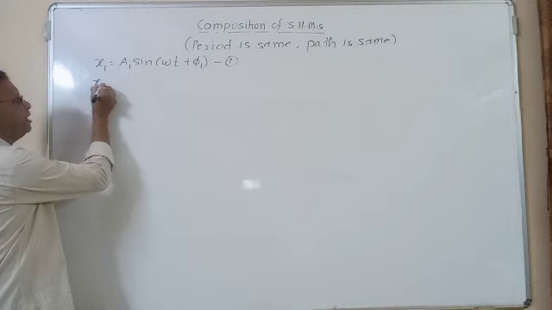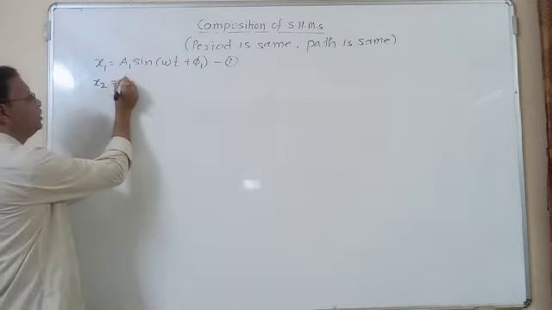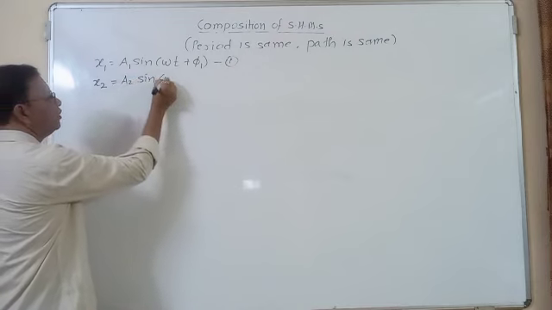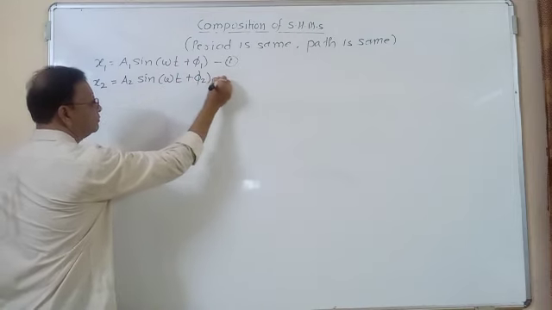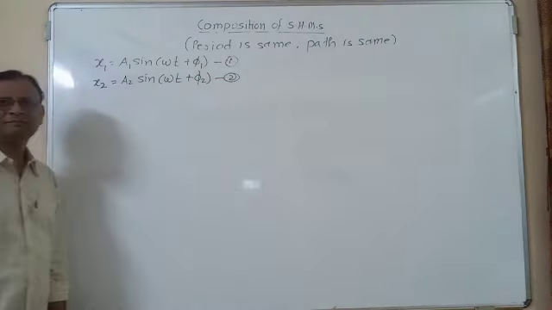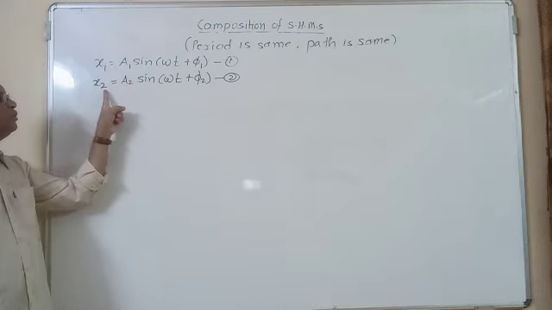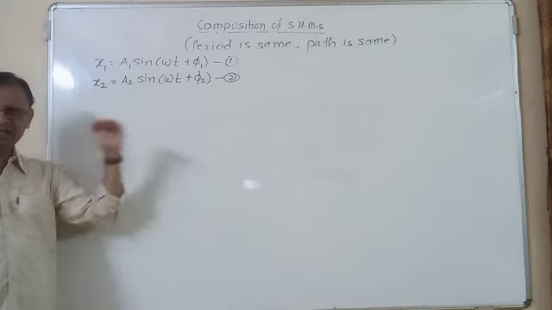The displacement of the particle due to the second simple harmonic motion is x2 equals a2 sin(omega t plus phi2). Displacement due to the first S.H.M., displacement due to the second S.H.M. Both S.H.M.s are along the same path, the x-axis.